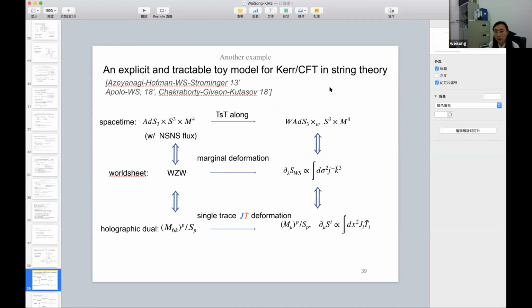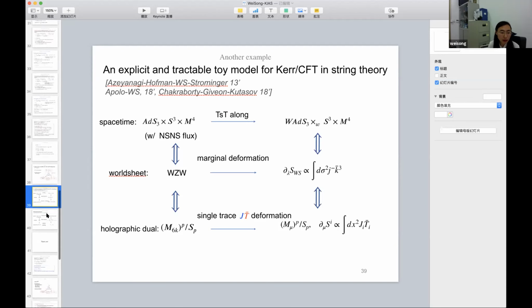And the JTbar deformation will deform the three-dimensional geometry to the so-called warped AdS geometry, and this can be used as a toy model for the Kerr/CFT correspondence.